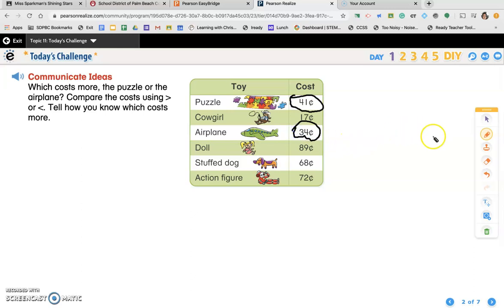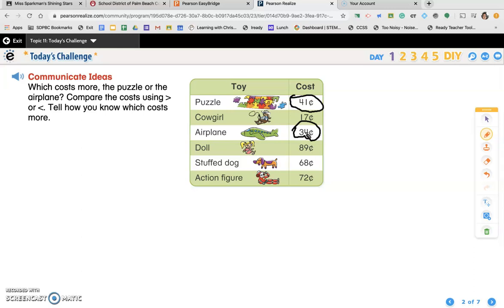And we know that we need to look at the tens place to see if the numbers are the same or if the numbers are different. If the numbers are the same, we need to move to the ones place. If the numbers are different, we can compare the numbers in the tens place. So we see that the puzzle costs 41 cents and the airplane costs 34 cents.